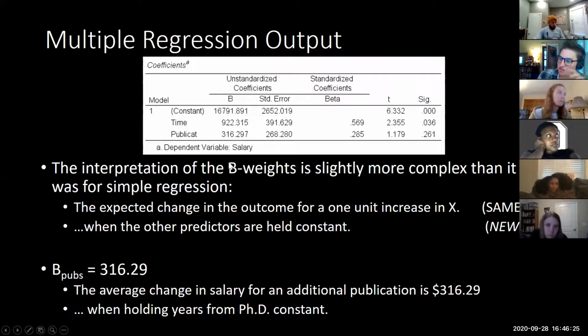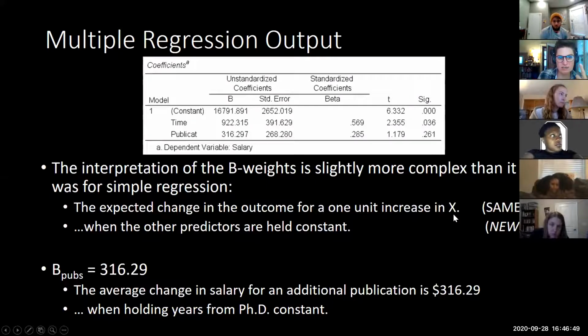Now the interpretation of the B weights is a little bit more complex than it was, but it's only a little bit more. It's just one little bit more, and it's the good bit. So let's talk about what that is. This part's the same: the expected change in the outcome for a 1 unit increase in x.